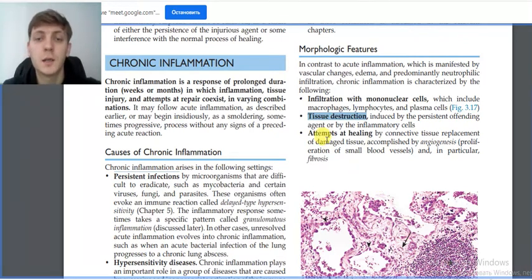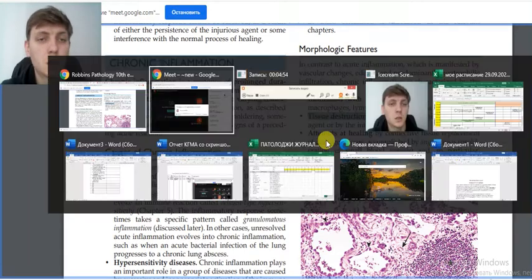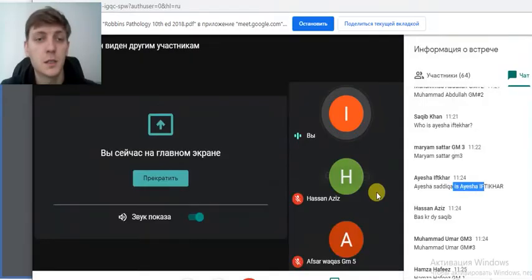Okay, and attempts at healing. You remember that when the normal process of acute inflammation is over, it's followed by the healing process. And you remember alternative macrophage activation; even in chronic inflammation, they activate the healing process.